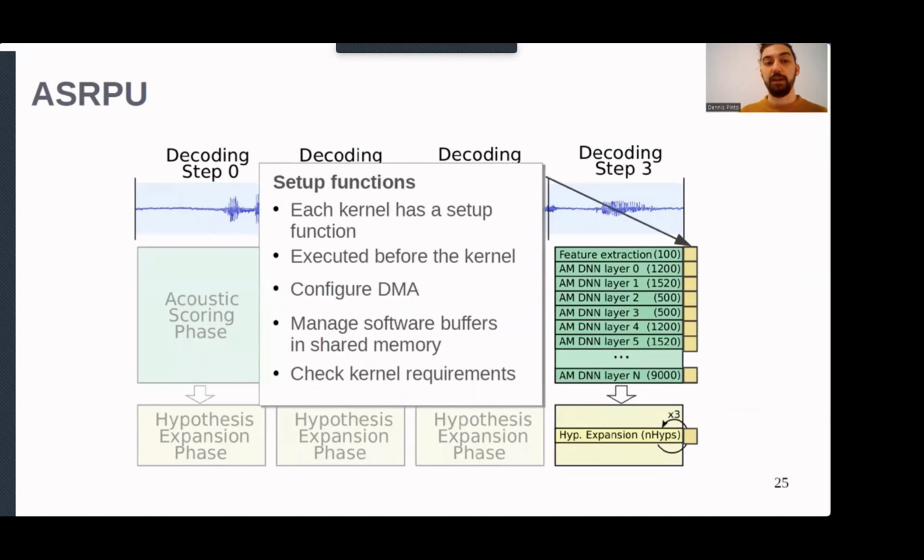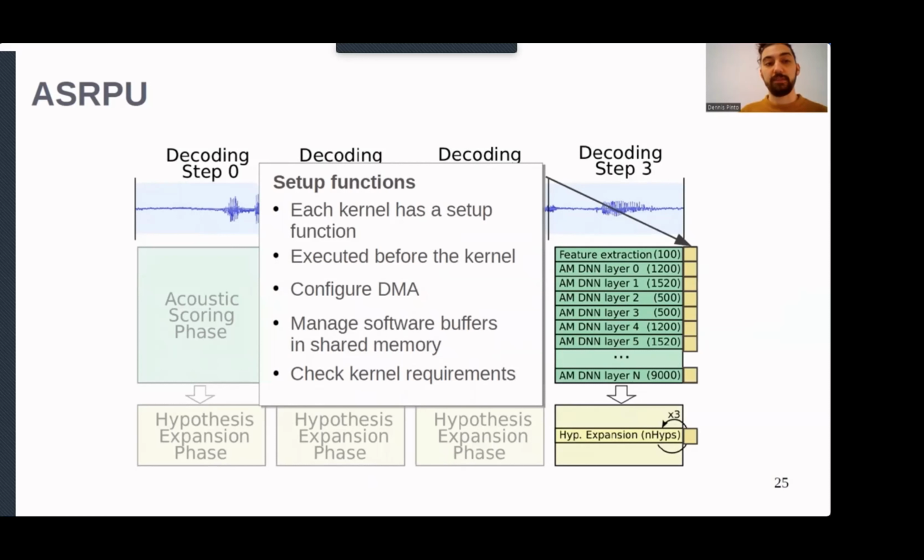In addition to these kernels, the programmer can include a set of functions alongside each kernel. Before the execution of a kernel, the accelerator will check if the programmer provided a setup function. If that is the case, it will first launch a thread to execute the setup function. After it finishes, it will start the execution of the kernel.